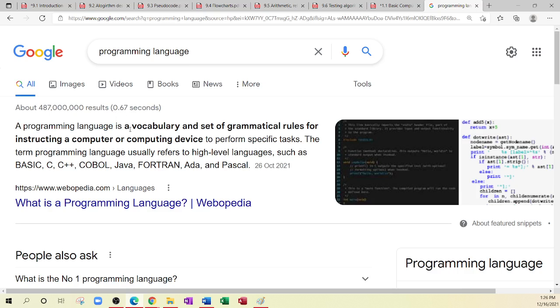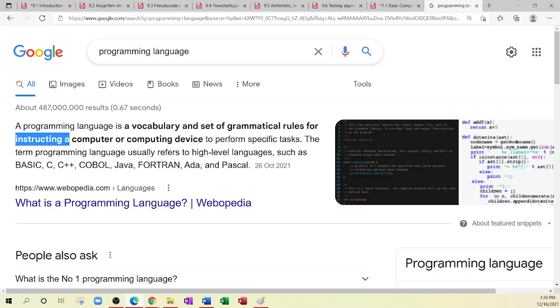So a programming language is a set of vocabulary and grammatical rules. Just like how English has a set of vocabulary and grammatical rules, how you're supposed to structure your sentences, it is the same for a programming language. There's a certain layout, a certain structure that you must put this language into for the system to be able to recognize it as, you can say, words or sentences.